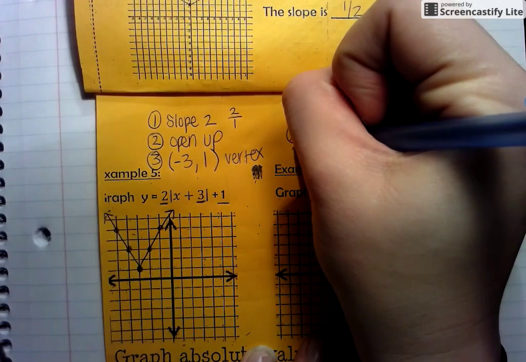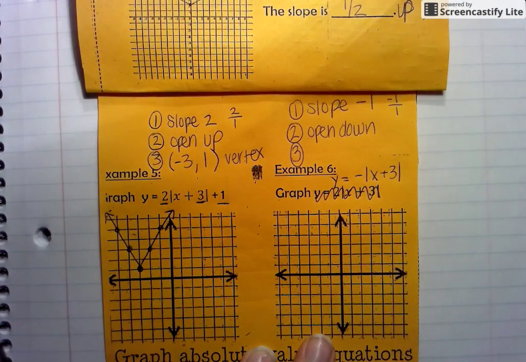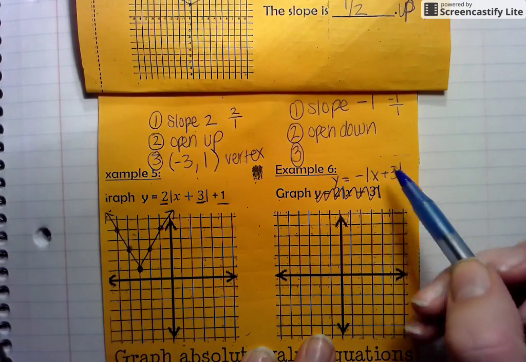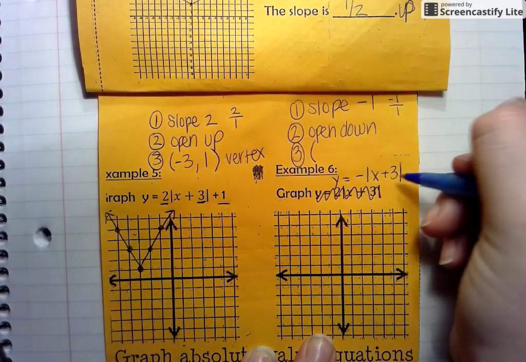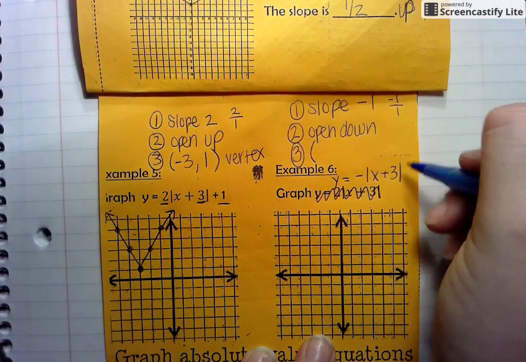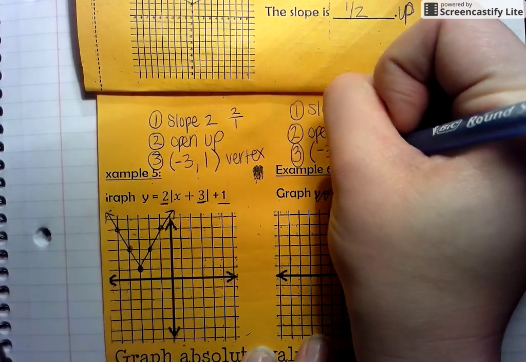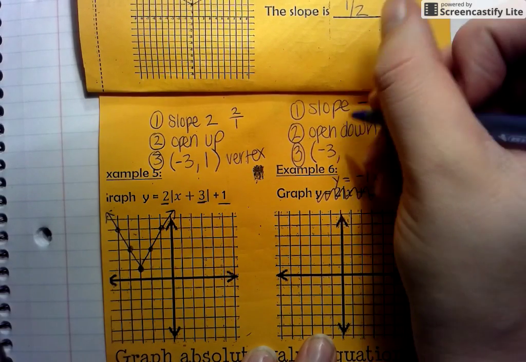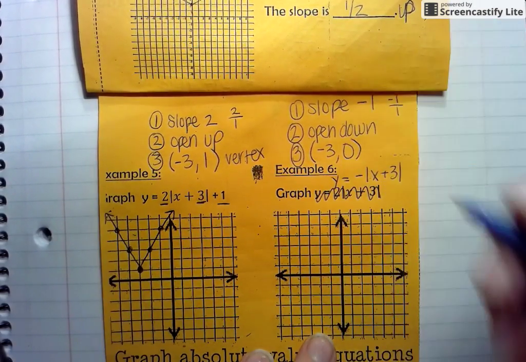And then our third thing is we're going to find our vertex. We have to find the opposite of b, which is a positive 3, so we're going to make it a negative 3, comma, and then we have no c value, so it's negative 3, 0.